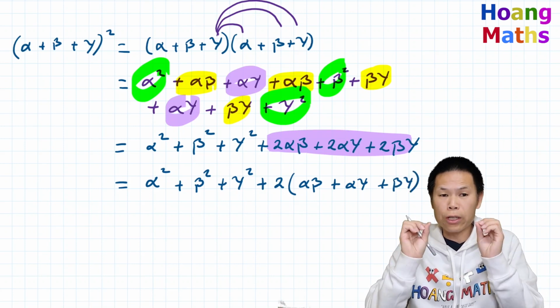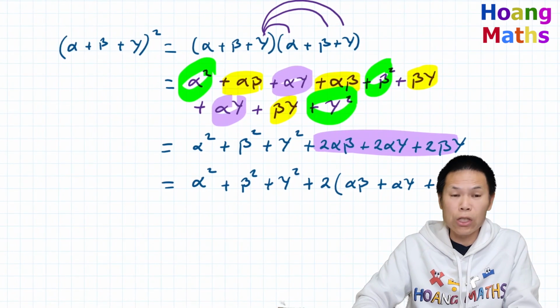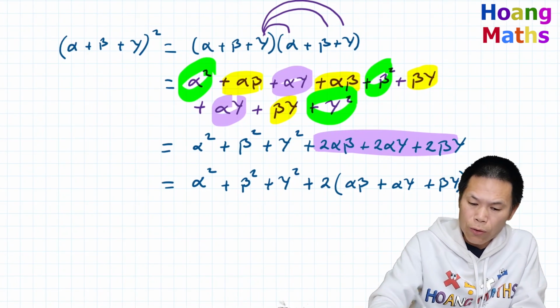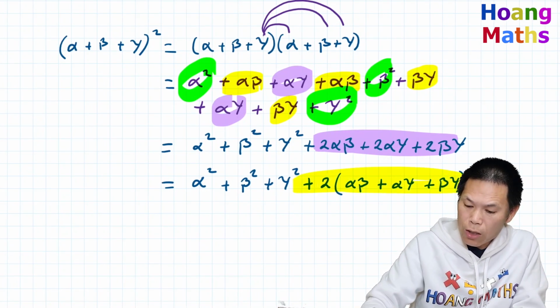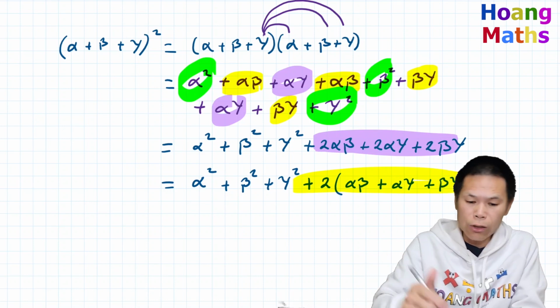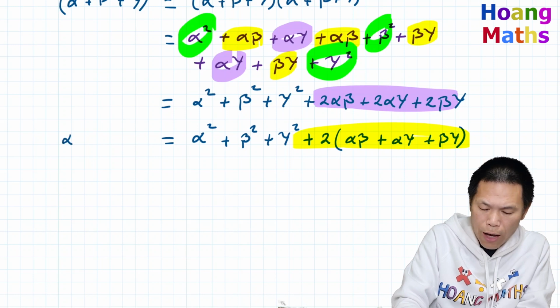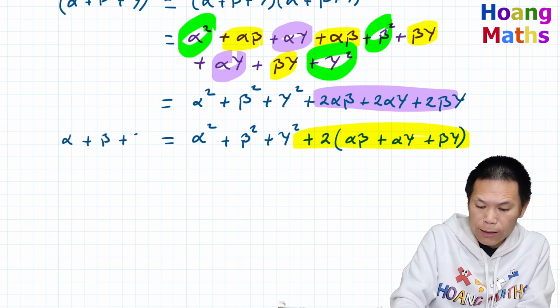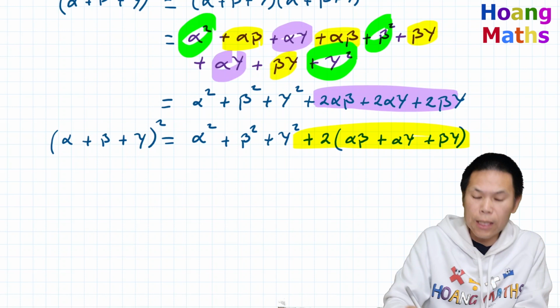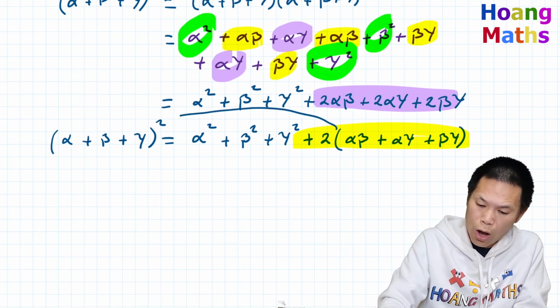So there you go. Now what I do, I just rearrange this, okay? I just move these terms on this side. So that will give me, let me just write this down first. This is alpha plus beta plus gamma square, right? Now I just move this on this side.